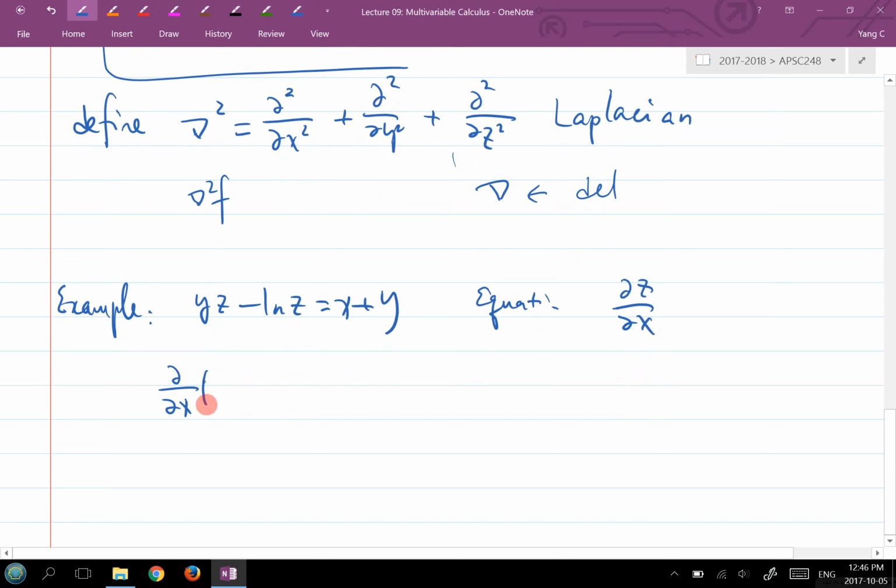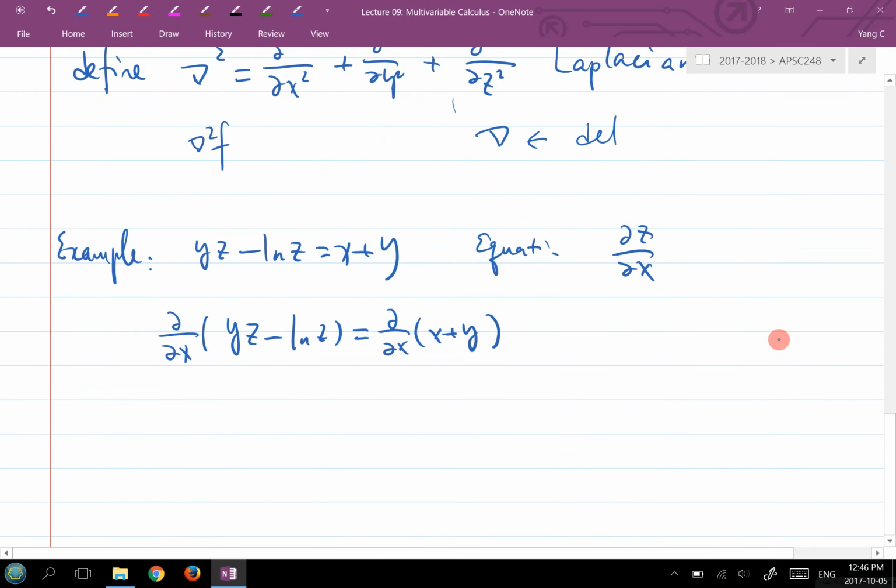So in this particular case, what we can do is take a partial derivative with respect to x on both sides of the equation. It's like taking the derivative of both sides of a single variable function.